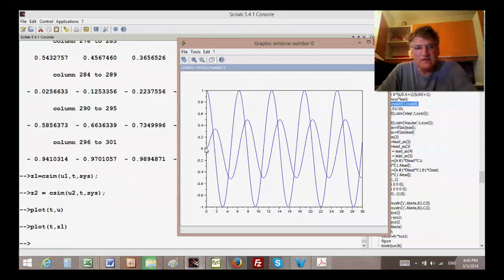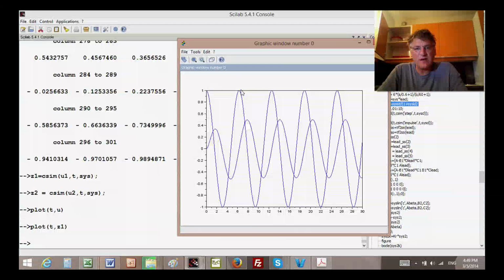And what you see is that after a small transient, z1 is just a regular sinusoid, which is somehow lagging behind u.